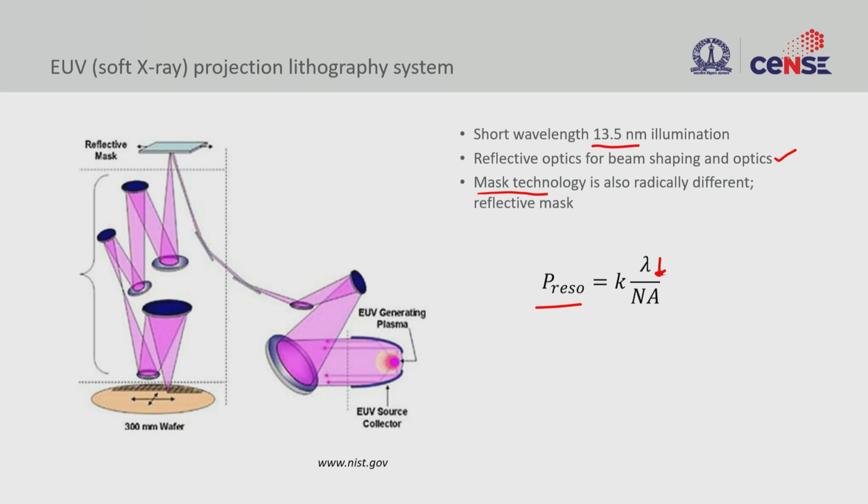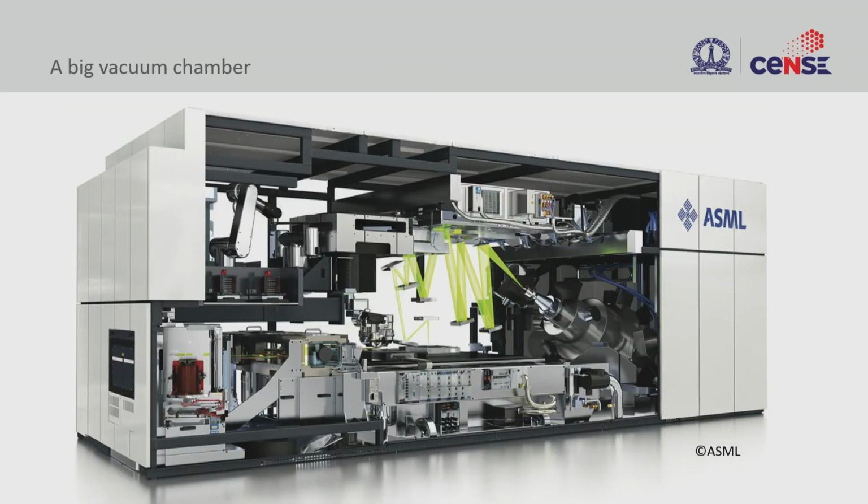Here we use all these reflective mirrors in order to get the light from the source through the mask and then onto the wafer. All these lenses are reflective lenses now. The mask technology is also reflective. This is just a cartoon of an illumination tool from ASML, an extreme UV illumination tool, where you can see the source, and then it is beamed to various optics.